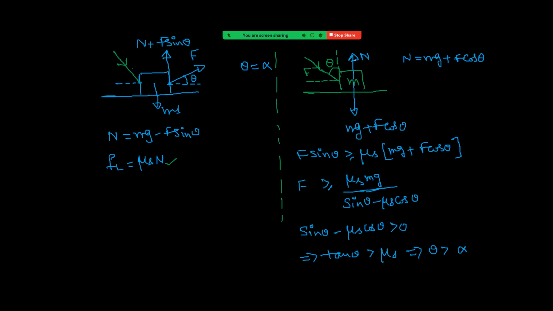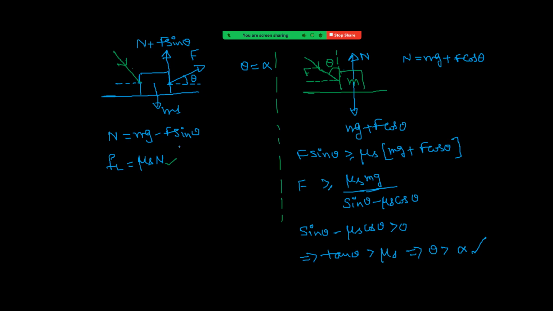Suppose F is along vertical. If we apply force along vertical, the block does not move. Once this angle is greater than the angle of friction, only then can we move the block. So in case of pulling, we can move the block with minimum force when theta equals the angle of friction. In case of pushing, only if theta is greater than the angle of friction does the body move.